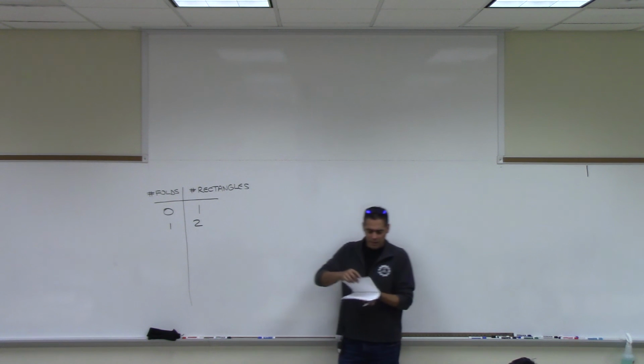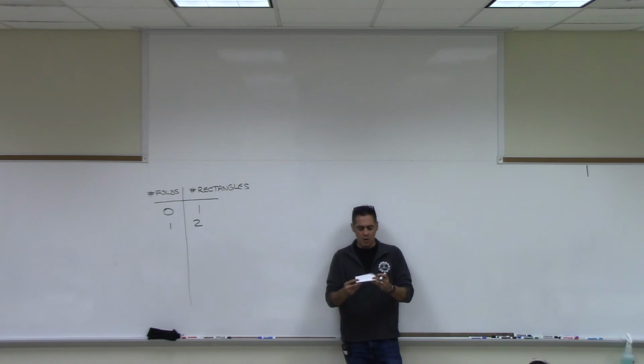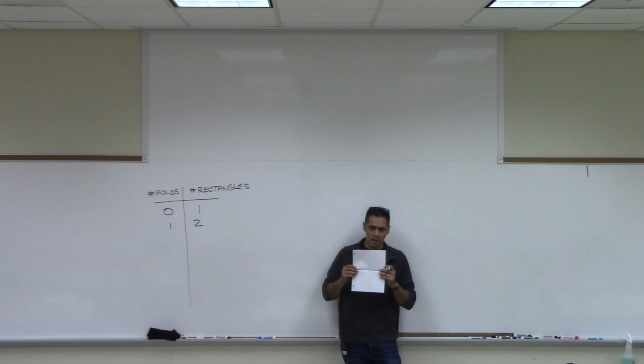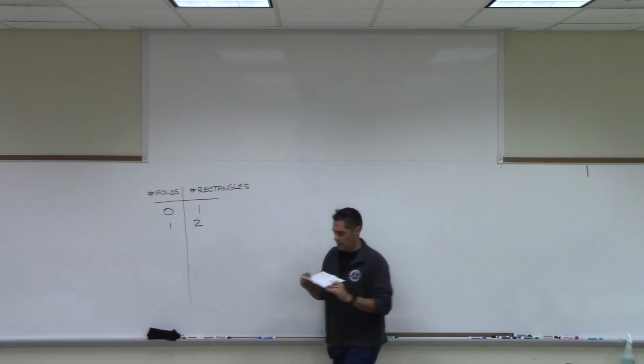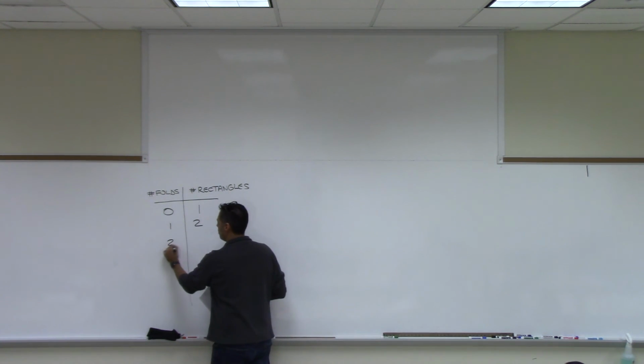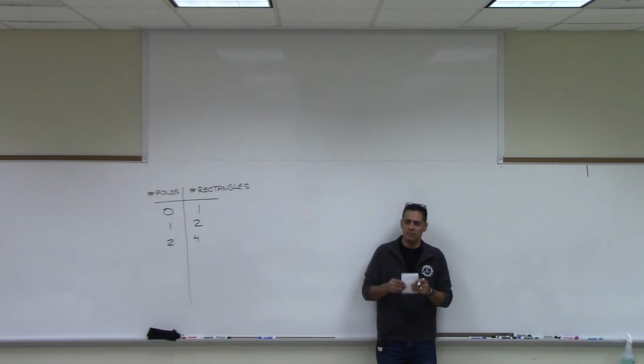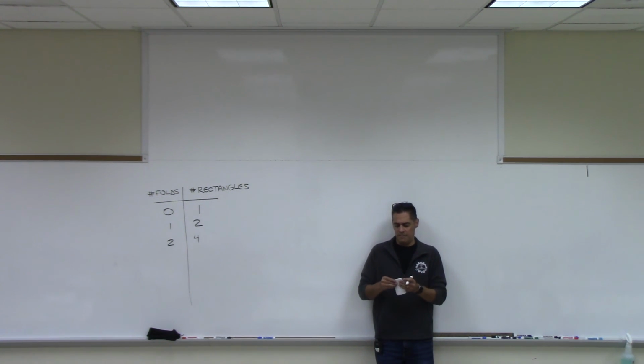All right, now if I fold it and then fold it again and open it up, how many rectangles are we going to see? Four? You think so? Yeah, four rectangles. So that was two folds, four. How about three folds?